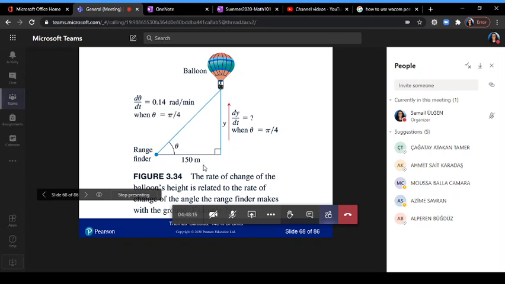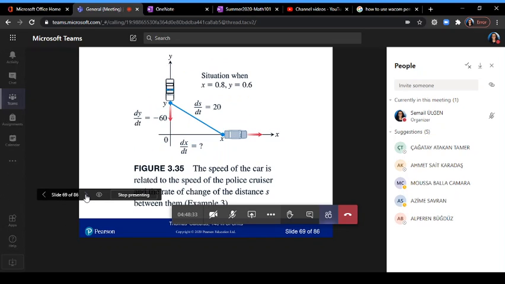On the left-hand side we have everything in hand, and on the right-hand side we have only dy/dt times 1/150. So dy/dt is equal to 150 times the left-hand side. That's how we find it for this situation.